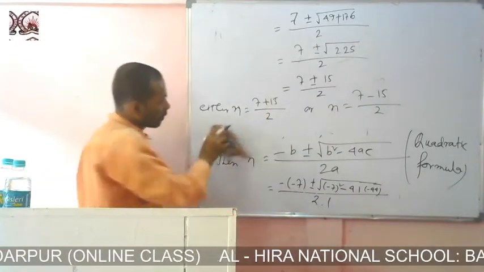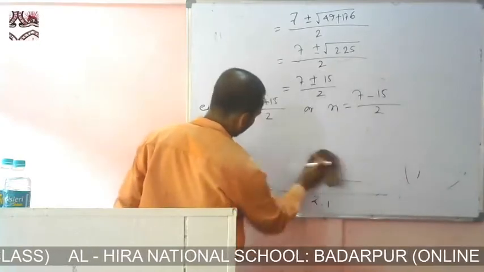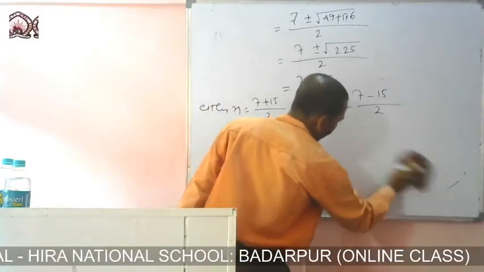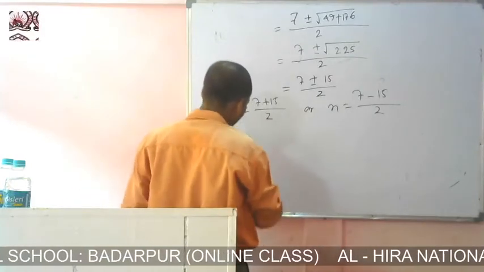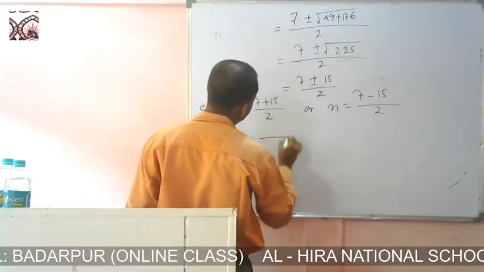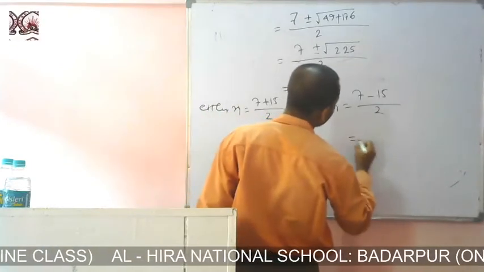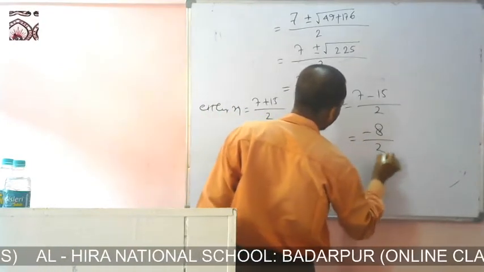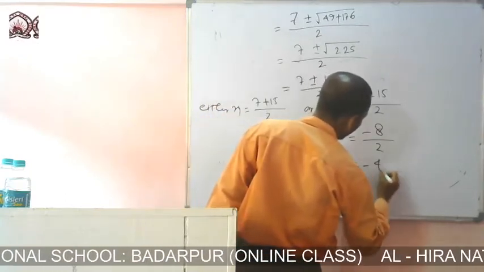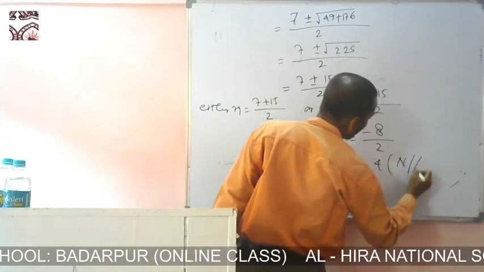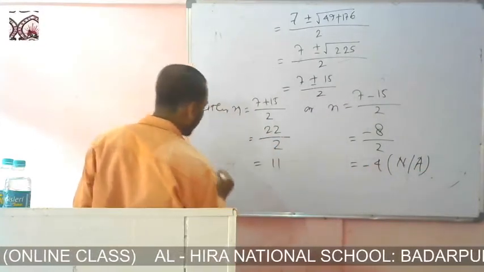So 7 plus 15 is 22 by 2 and this is minus 8 by 2. So this is 11 and this one is minus 4, and minus 4 is not applicable.